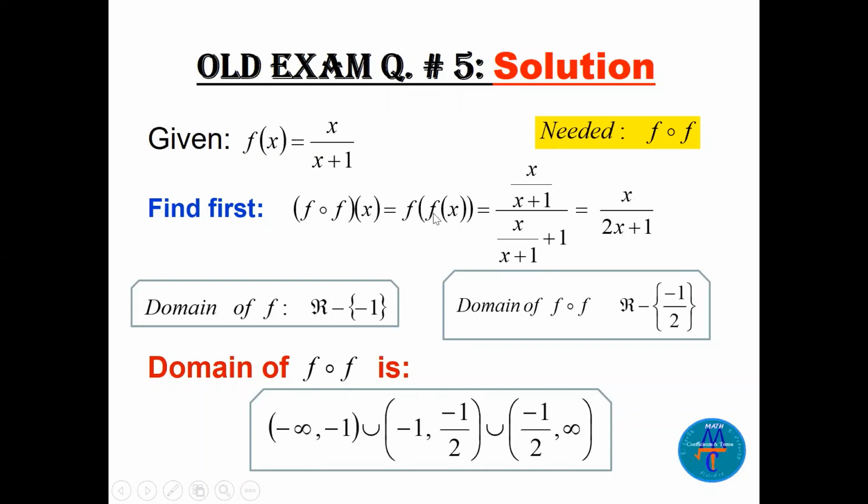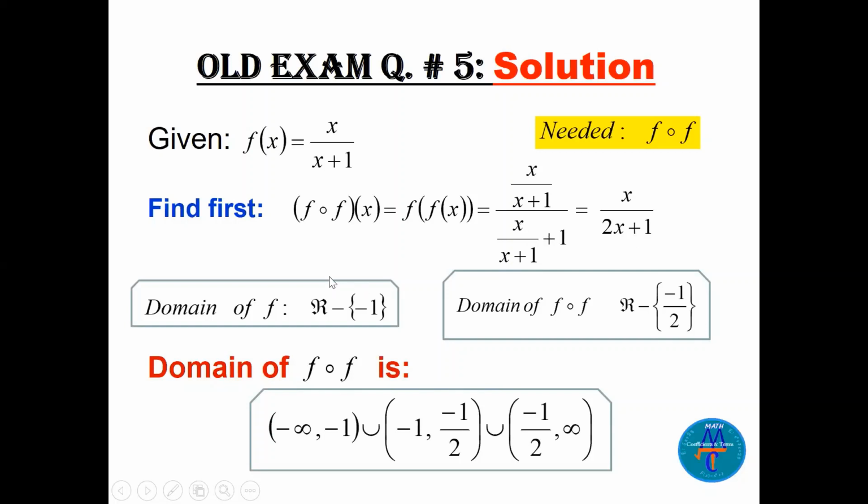So we replace f in f: all this x over x plus 1, I put it in the f, in the x up and down. It becomes a complex fraction: x over x plus 1, over x over x plus 1 plus 1. Again, I will replace all the function f in f. So when you simplify this complex fraction, you get x over 2x plus 1.